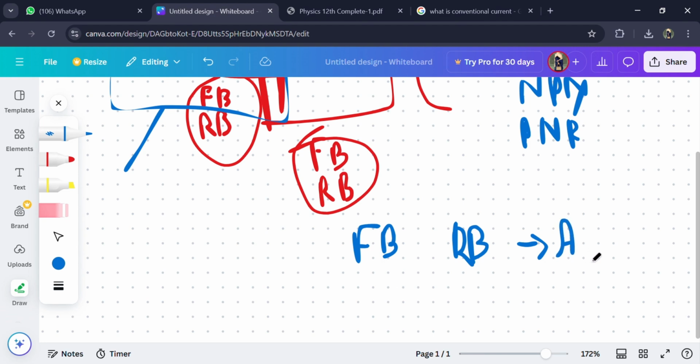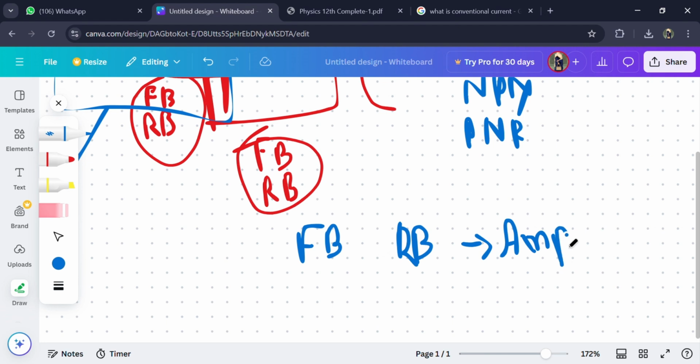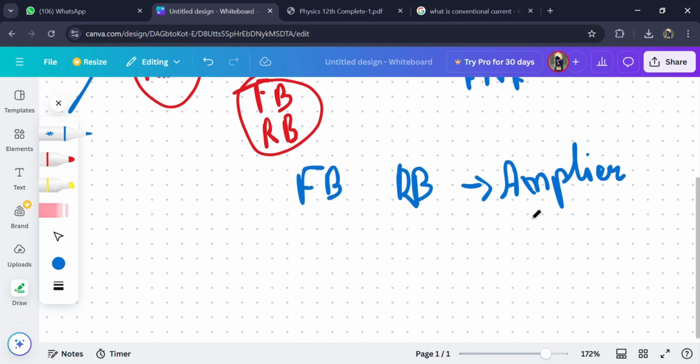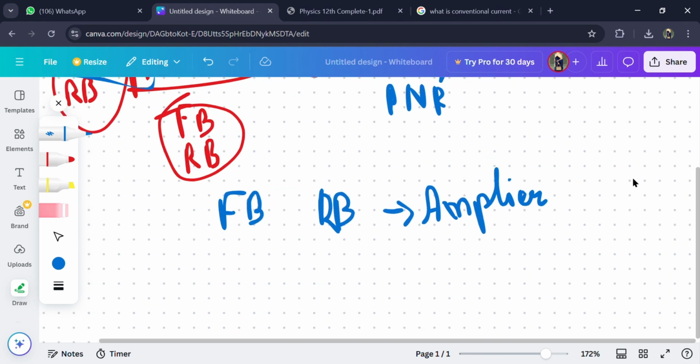What is an amplifier? An amplifier is a device that works on increasing the strength of a signal. Most of the time amplifiers are attached within our speakers just to increase the volume of the soundtrack. So that's the functionality of the transistor.